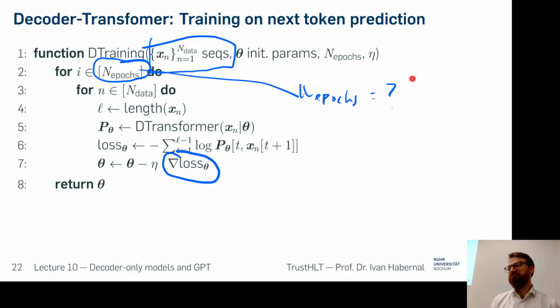But of course, the more the merrier. The longer you train, the better. But you have to pay attention to other factors, roughly. Okay, number of epochs, then we're iterating through the data. So this is something like gradient descent, absolutely, because what we are doing here is computing a loss, and we're taking the gradient of the loss. What is a gradient?